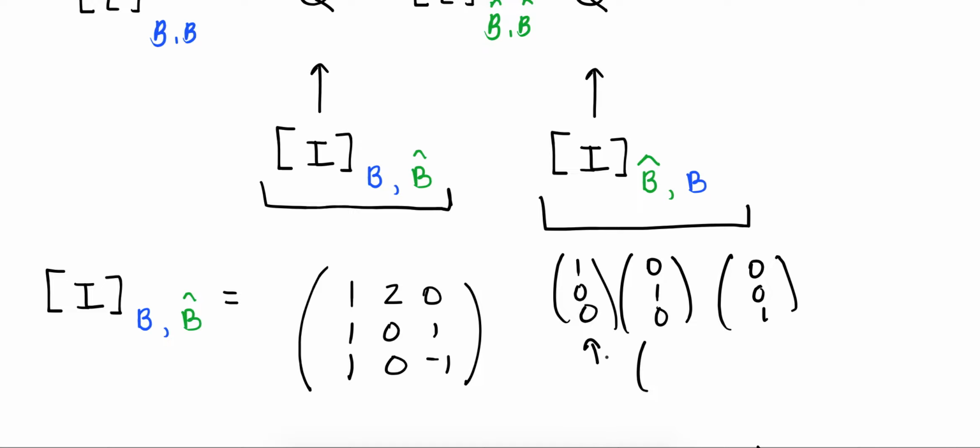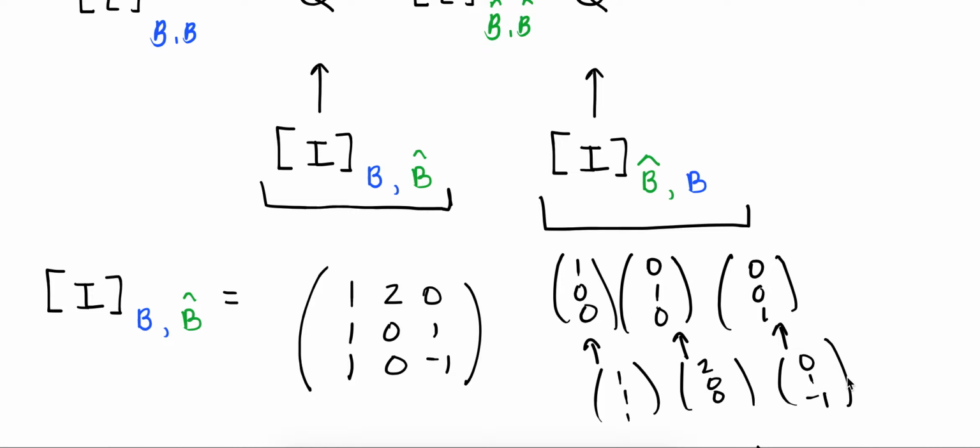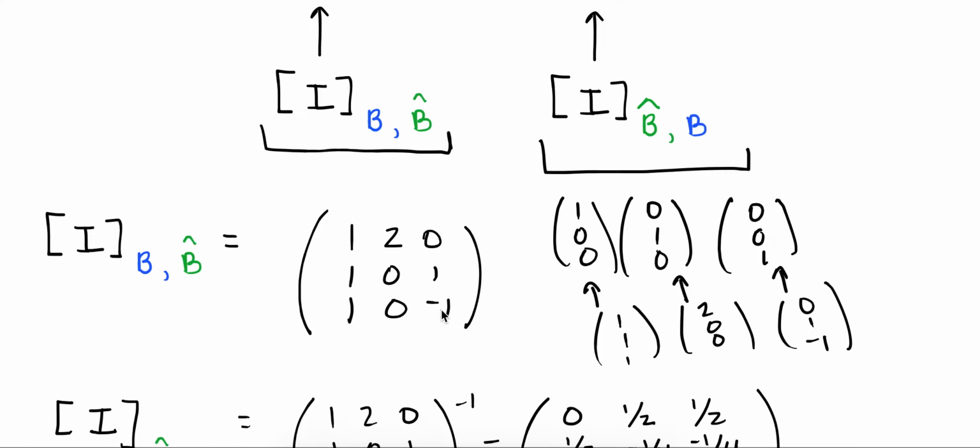And you want to write each one of these in terms of this basis, which is 1, 1, 1, 2, 0, 0, and 0, 1, negative 1. And you can do that if you want to. Another option is to remember that these two matrices are the inverses of each other. So you can do exactly what you did to get this one, which is just a little more work, or you could just take the inverse of this matrix.